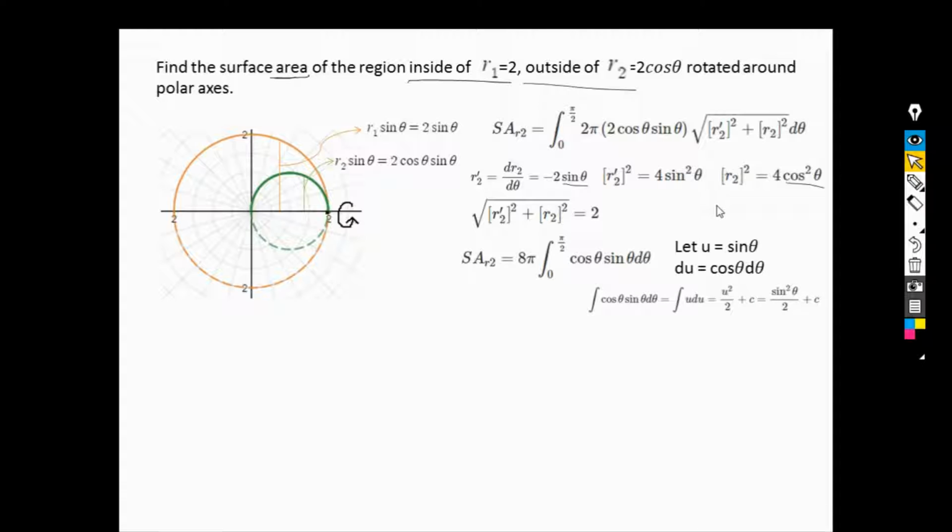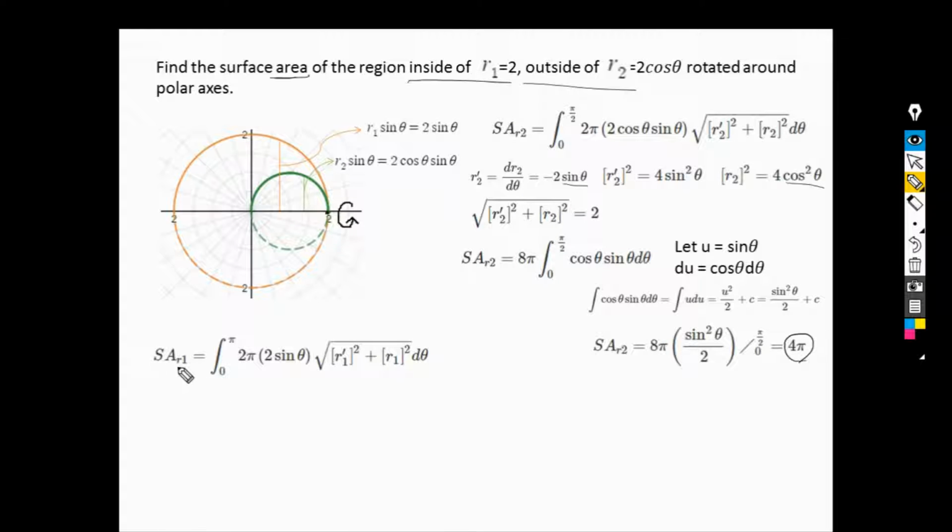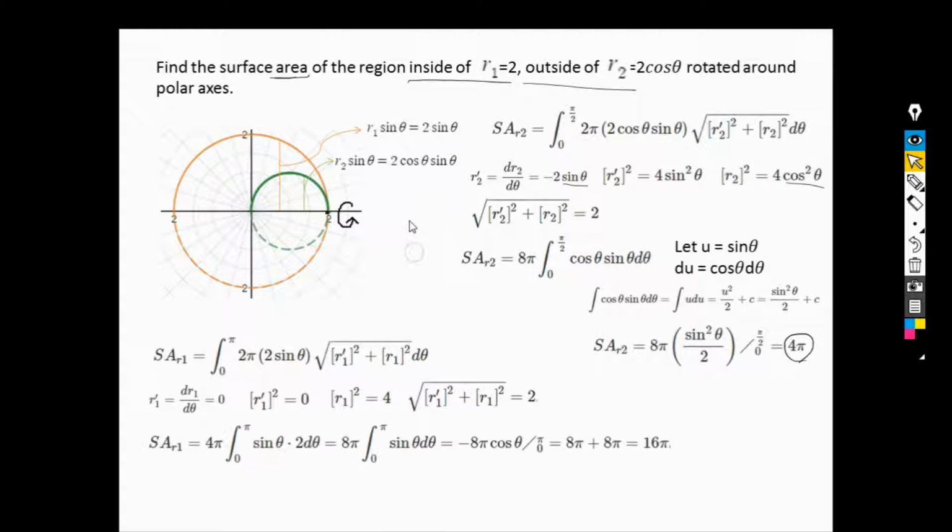So we organize this, and we need to make a u substitution, and we get this value. And when we look at R1, it's much easier because R1 is constant and becomes 0 when it's differentiated. So it's easy to calculate, and we get 20 pi.